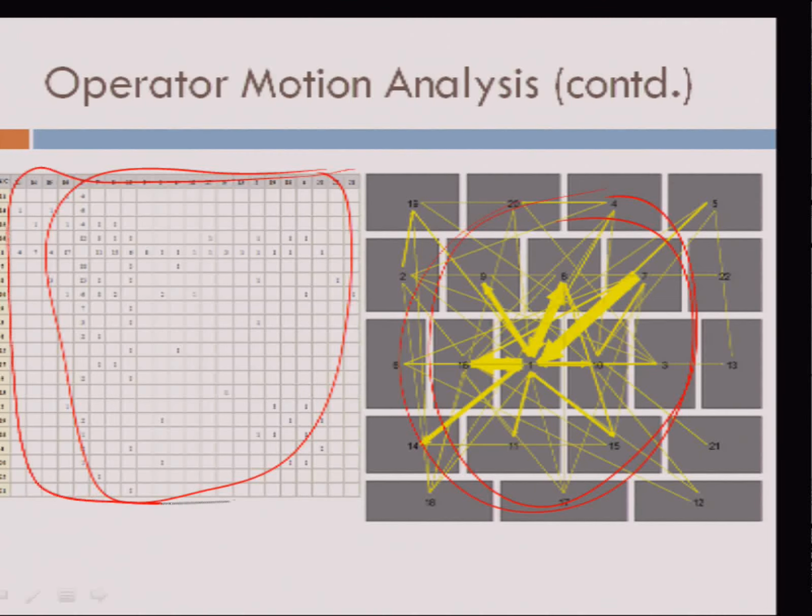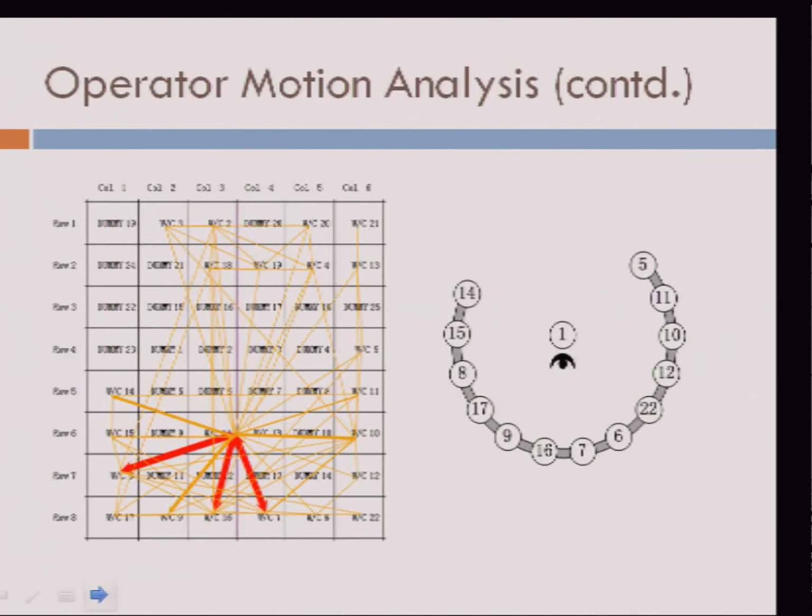This from-to chart and these locations which you see of the various work points, we put that into the STORM package. So if you look at the STORM package, what we did was, we said, look, if this is where the press is, this is the sweet spot, this is where the person stands in front of the press, then we would like to keep as much as possible all these work points in a circle, right?